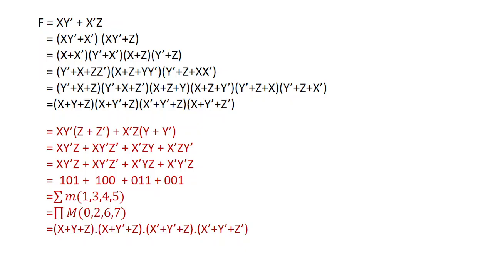Now which term is missing? Remember, we look at this one. This is a sum term. This is sum term. This is sum term. This is sum term. Multiplied together. So this is product of a sum term. Okay, but is it in max term? The answer is not max term. Why? In the first term, what is missing?